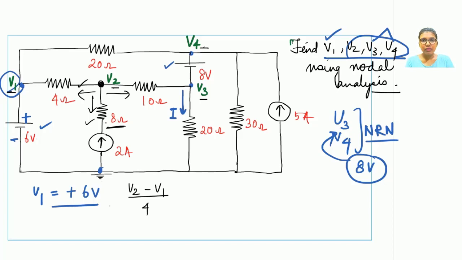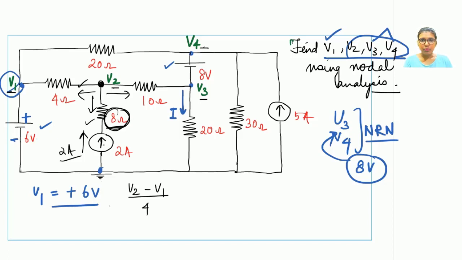Why is it so? Even if this resistor is not present, the current flowing through this branch would remain 2 amps only. As 2 amps is a current source, the current would neither increase nor decrease. So the presence of this resistor is not going to affect the value of this current source. Hence this resistor is termed as being redundant.